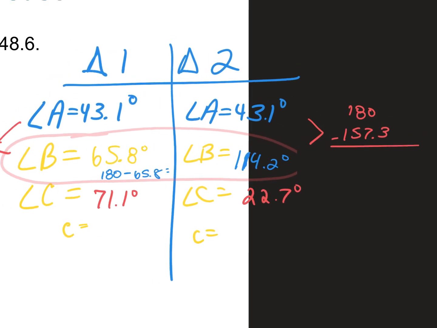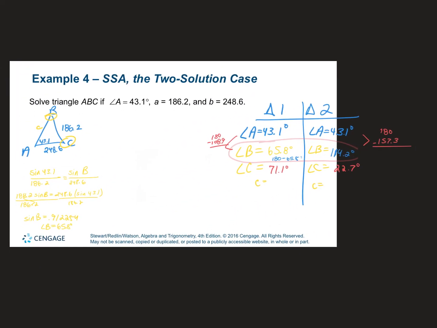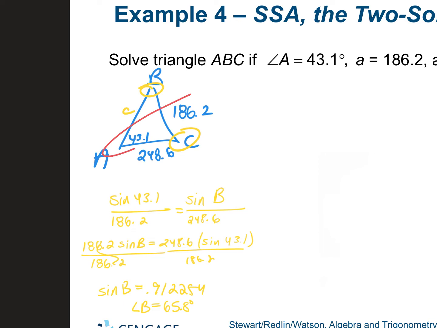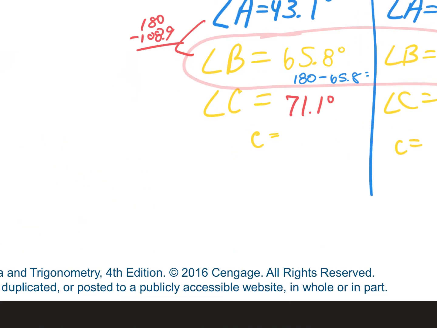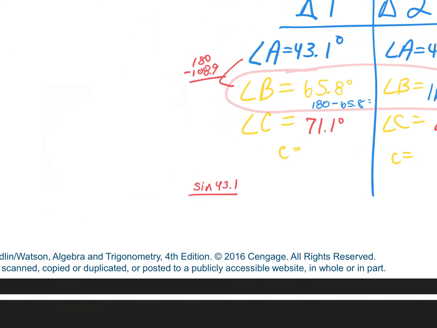So with the information that they gave us, it is mathematically possible that two triangles exist. So now I have to figure out C in both triangles. I'm going to use the proportion that we used from the very beginning that had to do with A, that they gave us. So I'm going to say, okay, well, the sine of 43.1 over, was it 186?